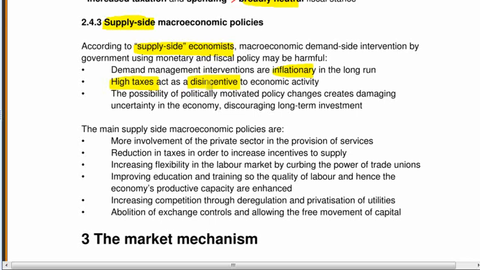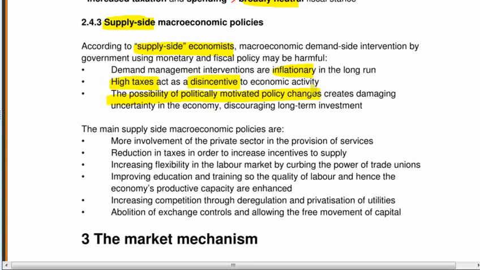So they think taxation should be kept nice and low. And they also point to the thing that I was talking about earlier, that sometimes these government policies are not actually triggered by the economic outlook, they're triggered by the political outlook. Okay, and it's all about trying to get elected next time.